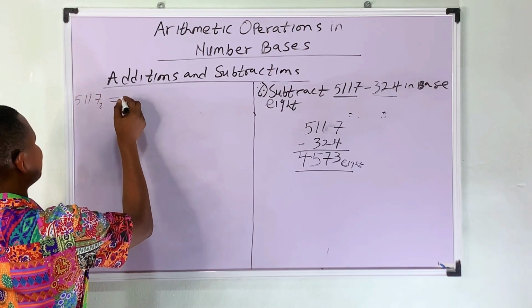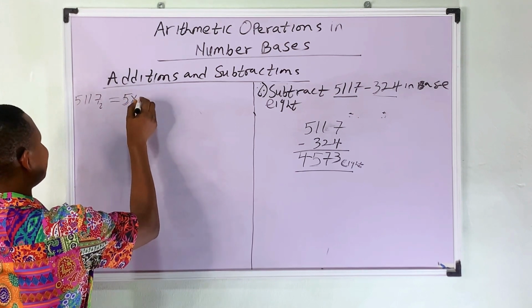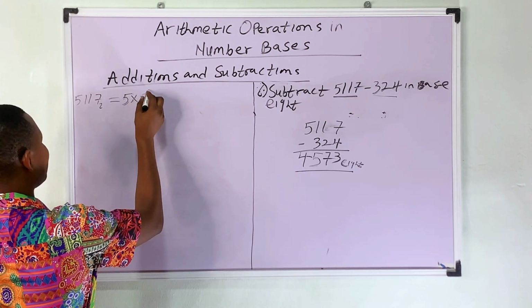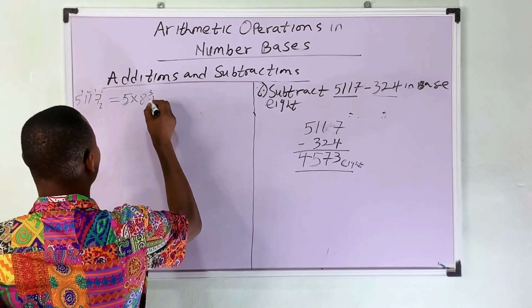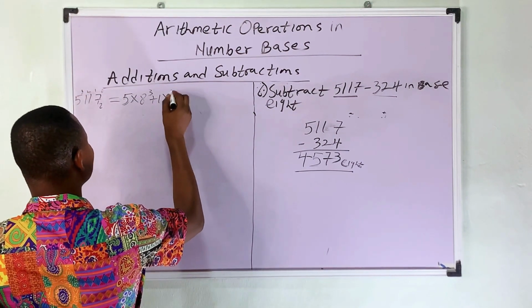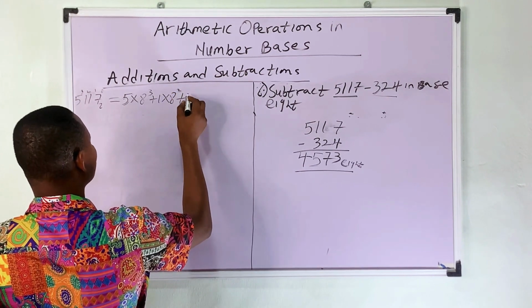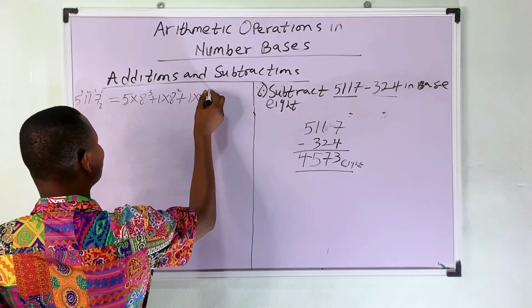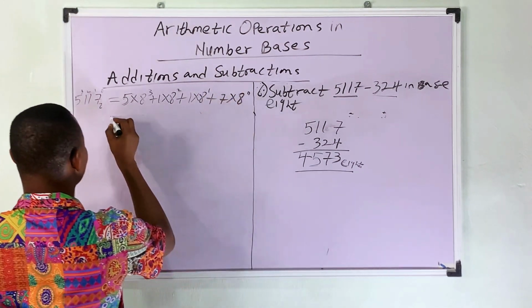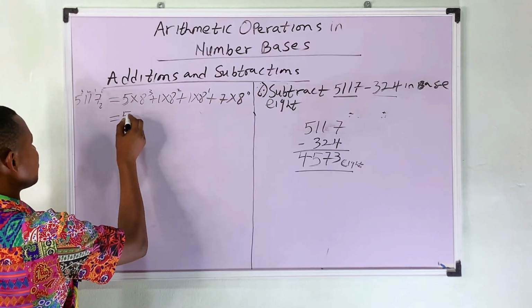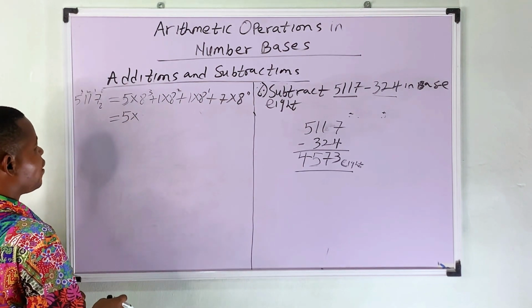It will be equal to 5 times 8 raised to power 3. Don't forget 0, 1, 2, 3. Then plus 1 times 8 raised to power 2 plus 1 times 8 raised to power 1, then plus 7 times 8 raised to power of 0. 5 times 8 raised to power of 3.